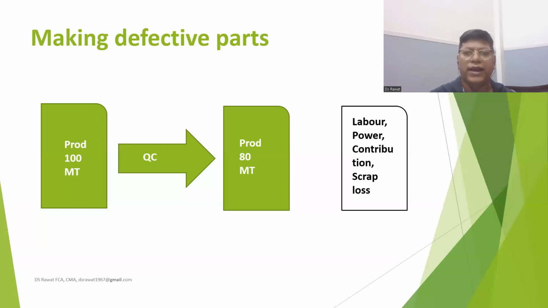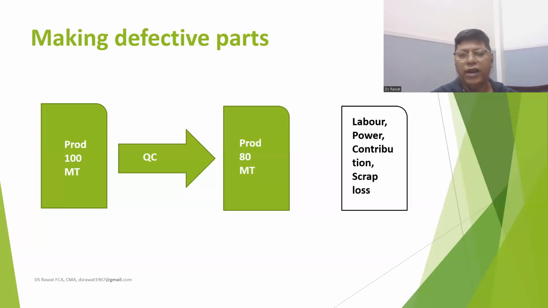But this is not correct. Here we are losing not only the cost of producing the waste, because in addition to it, we are also losing certain other things. What are those? We are wasting the power. Power is being utilized.